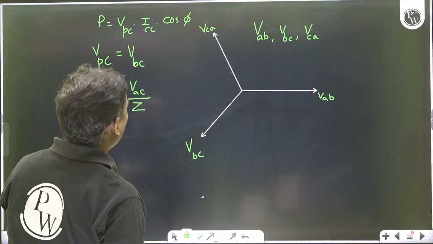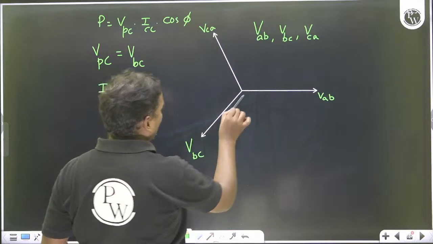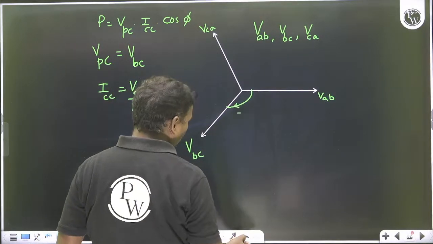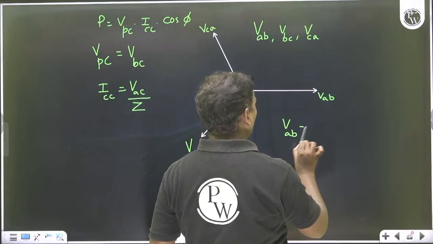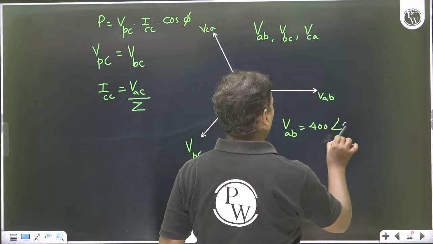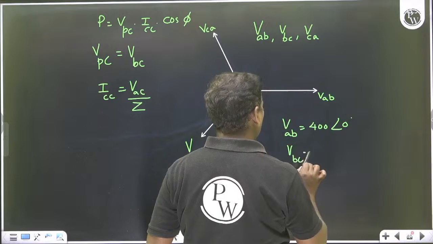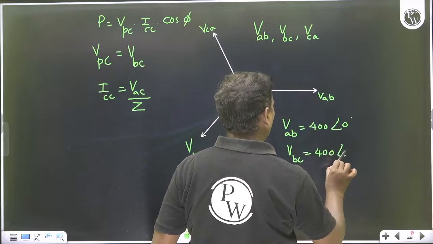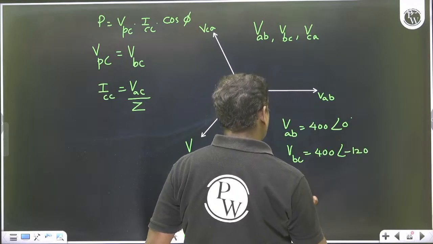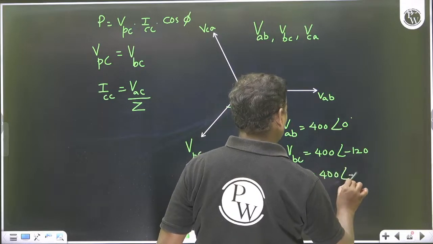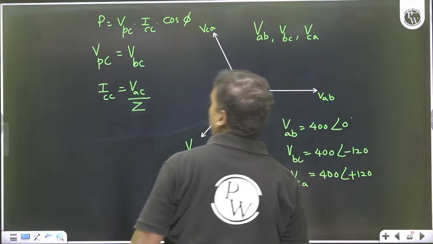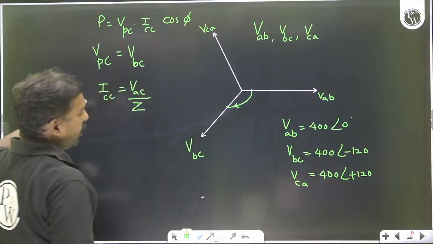So what is VPC? If you check, it is having a phase shift of minus 120 degrees. So if VAB is taken as 400 at 0 degrees, VBC will be 400 at minus 120 degrees, and VCA will be 400 at plus 120 degrees. Okay, so we got VBC.